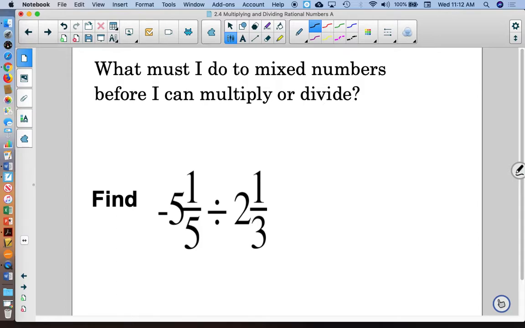A little bit of reminder. What do I have to do to mixed numbers before I can multiply or divide them? Is there anything I have to do, Chloe? Multiply the 5 and 5 and then add 1. Okay, so I have to change mixed numbers into improper fractions.